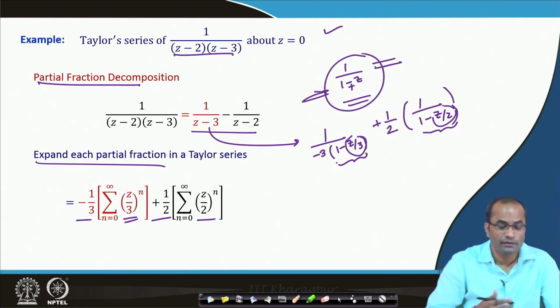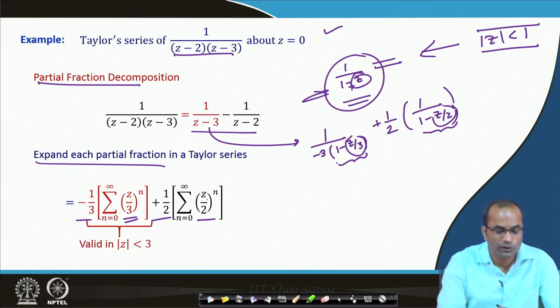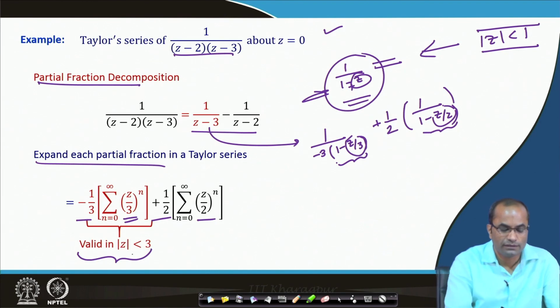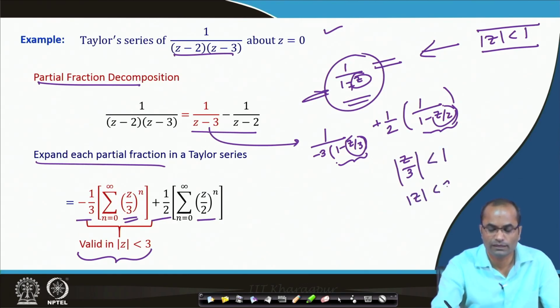Now, the convergence will change, because in this case the convergence was when mod z is less than 1, but we do not have this z; instead of z we have z by 3 and z by 2. So, accordingly this series will be valid for absolute value z less than 3, because now the condition is that z by 3 should be less than 1, that means mod z should be less than 3.